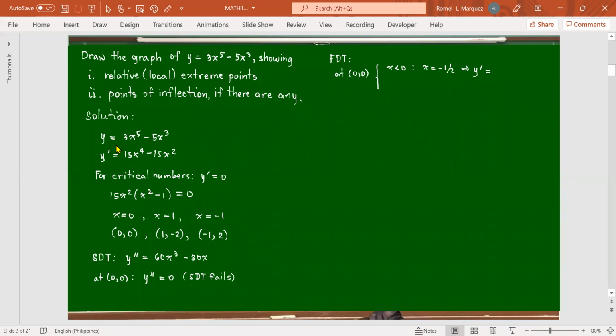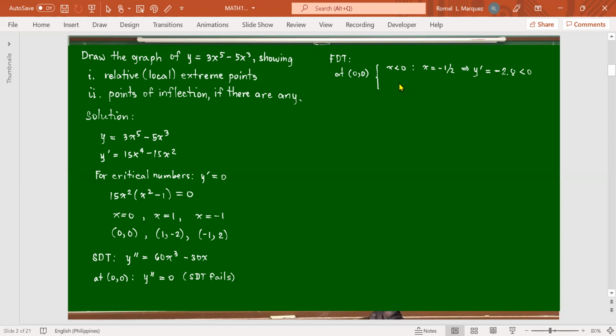So first derivative is 15 times negative 0.5 raised to 4, then minus 15 times negative 0.5 raised to 2. The sign is negative. Okay? Actually negative 2.8 something. That is less than 0.